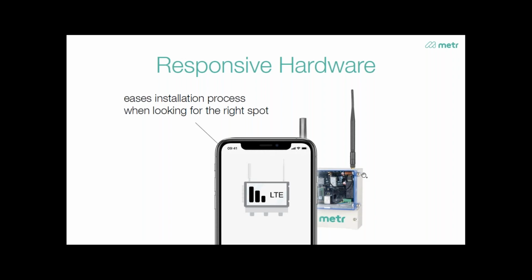So what we did was display the connection quality on a UI, so you can use it with a mobile phone and see right here that there's good LTE reception, so maybe this is a good spot, or if I move it a bit to the left, it's getting better or worse. I think it's always something you should keep in mind to ease your installation process and show at what reception level your device is. So this is quite helpful.